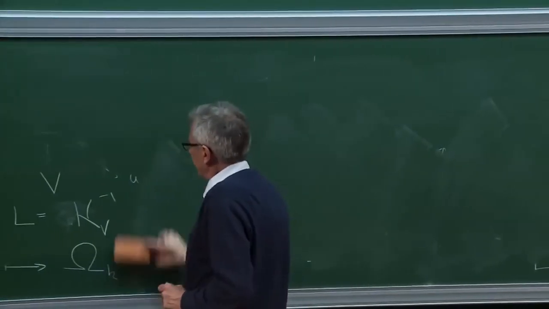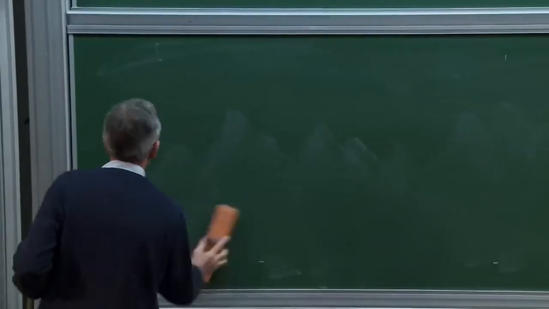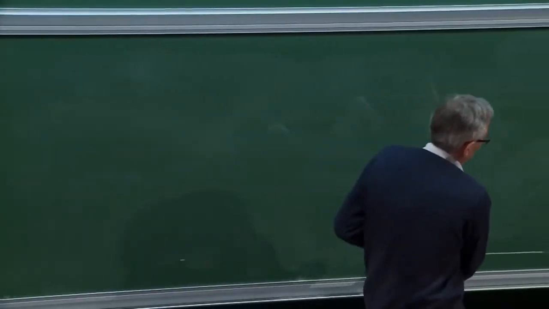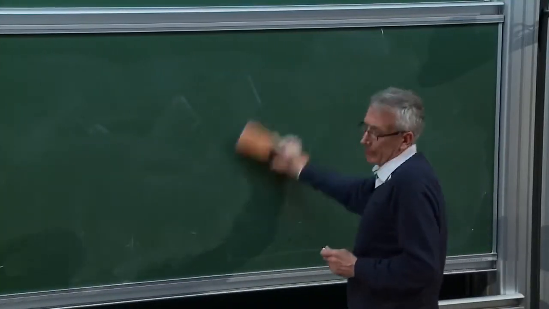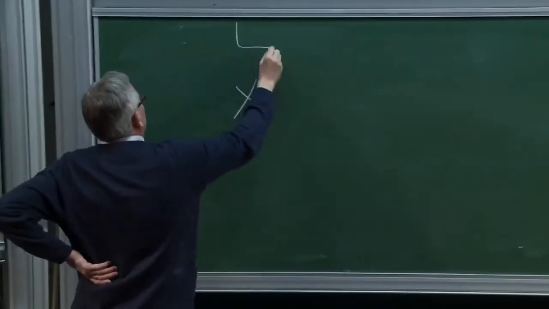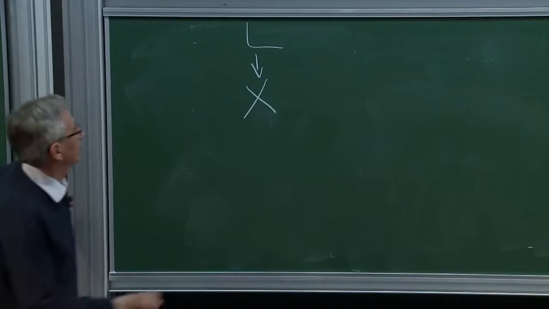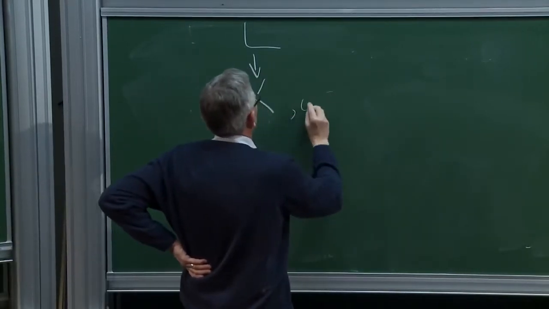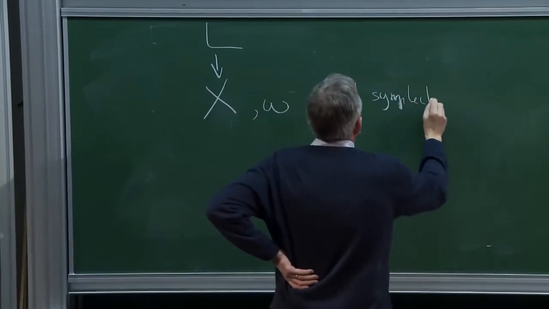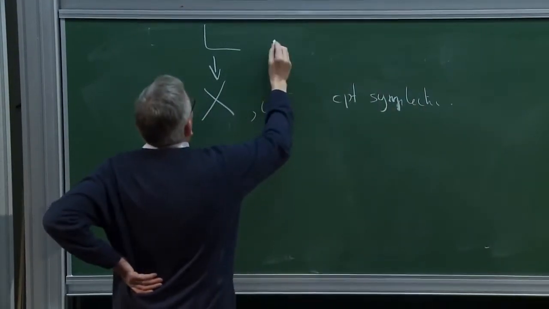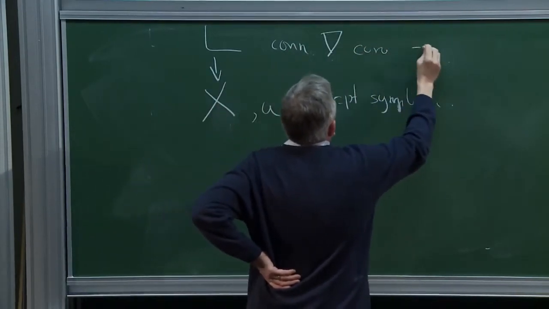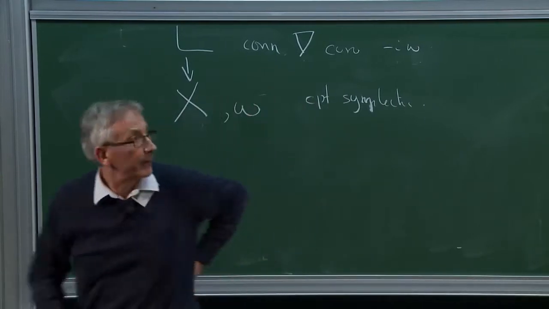We take a compact symplectic manifold X with a fixed symplectic form omega, and also a line bundle, which we'll still call L, with connection with curvature minus i omega.